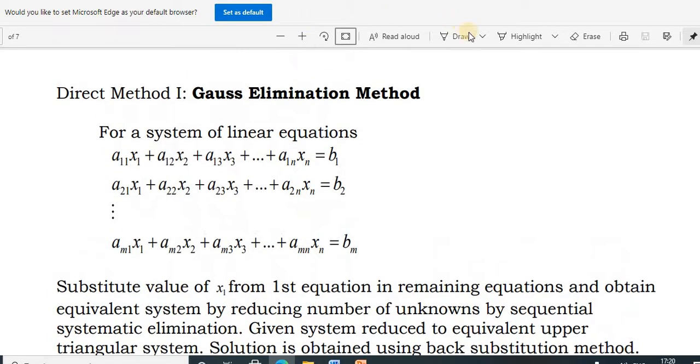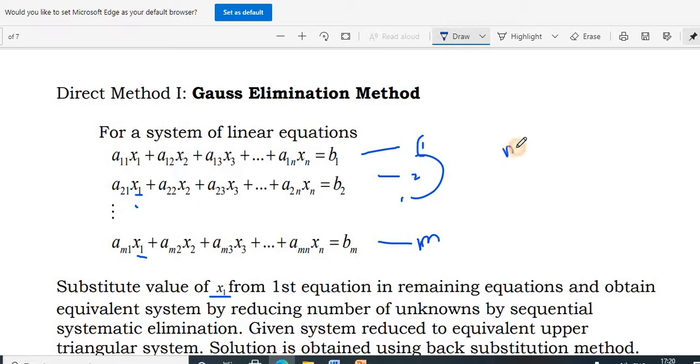In the Gauss elimination method, suppose we have m equations, first, second and so on. I write x1 from equation 1 in terms of the remaining variables, and substitute that value in the remaining equations, and so eliminate x1 from them.